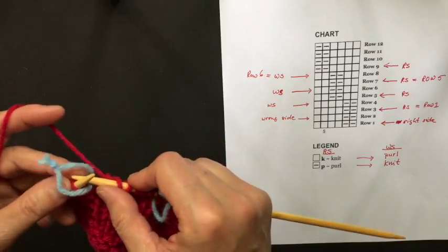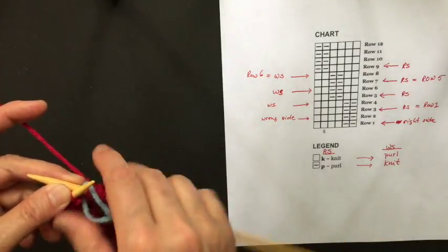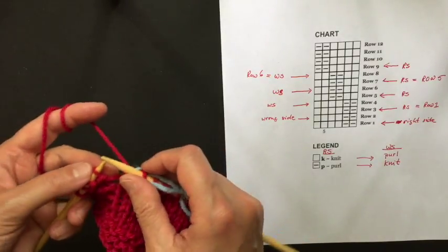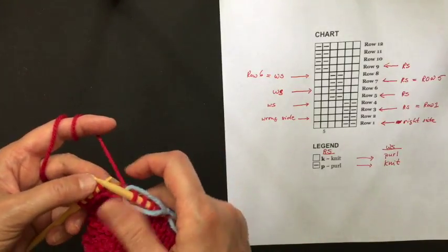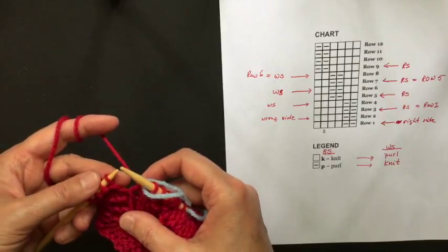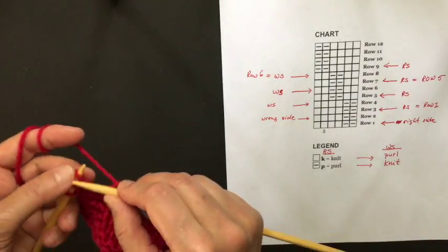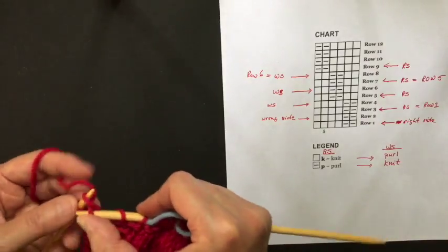And I'm going much faster because you probably should already understand what I'm trying to tell you about the chart and knitting. And now we will do our edge, which is 4 knitted stitches.